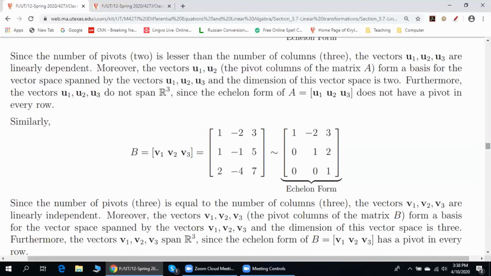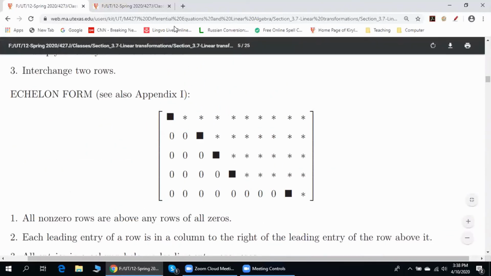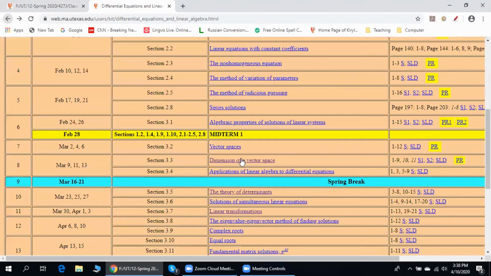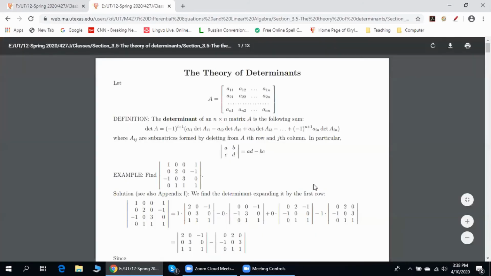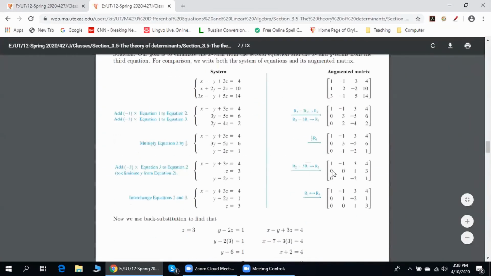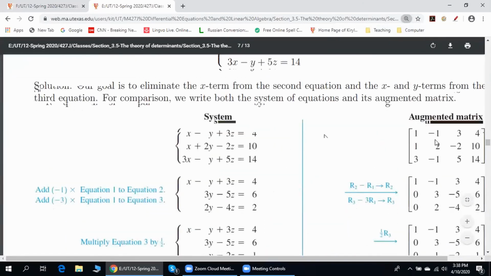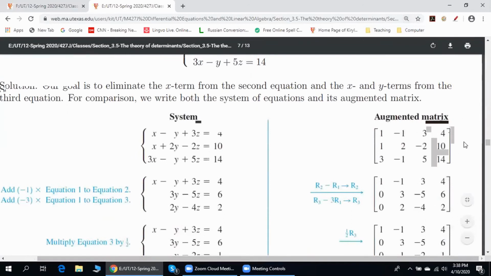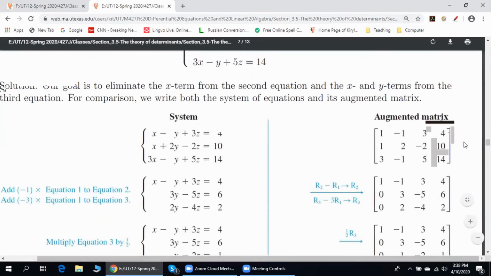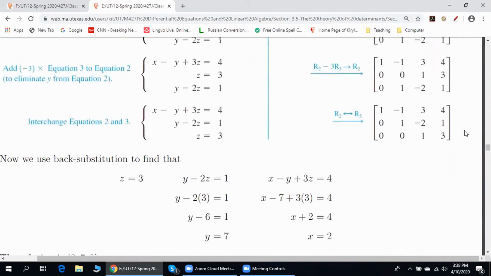Okay, now let us go back to our systems of linear equations. Please take a look at section 3.5 again. In example number 1, we created the augmented matrix, and then we applied elementary row operations until we got an echelon form.